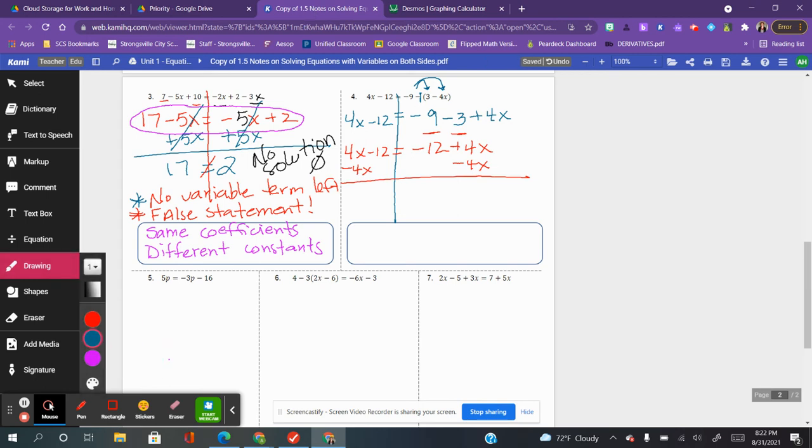And again, I notice that 4x minus 4x means the variable term goes away. I'm just left with -12, my constant. And on the other side, 4x minus 4x goes away, and I'm just left with my constant. And so again, what ends up happening here is that I have no variable left.